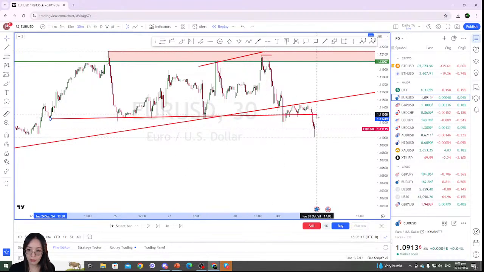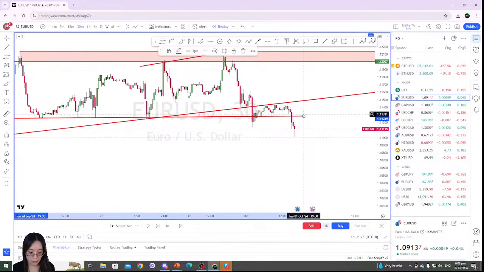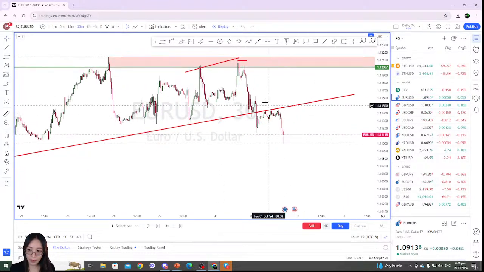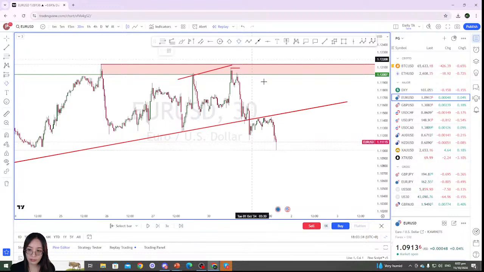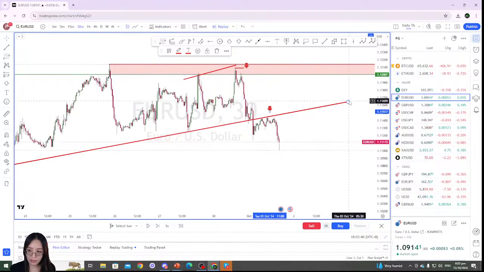We get the entries here because price has the H4 divergence, falling, and broke below the ascending trend line. This is my significant trend line. Price breaks below, pulls back, and then you have another entry for the sell. Maybe first entry here, second entry here, and then you hold, because we trade with the divergence as well.